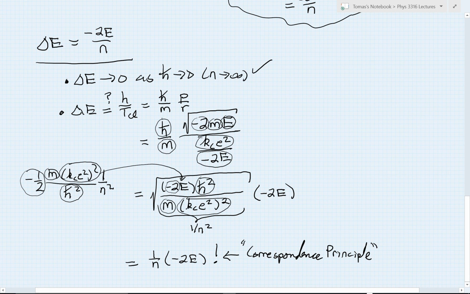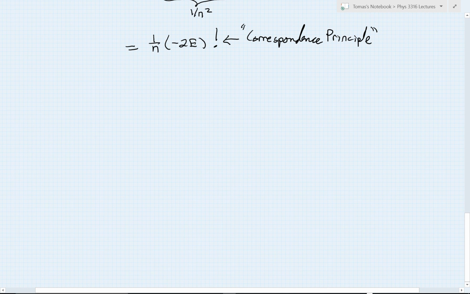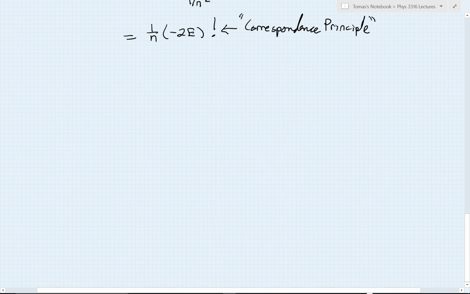Now, this correspondence in the energy levels and the classical frequencies is very useful to give us good intuitive understanding of how energy spectra behave. So I want to give you an example, a few examples actually, uses of the correspondence principle.